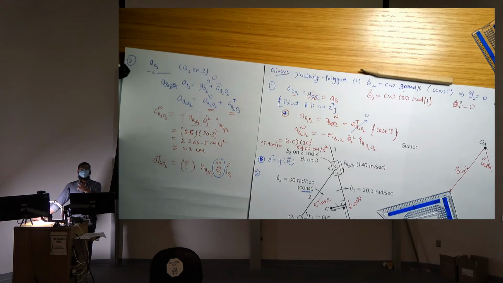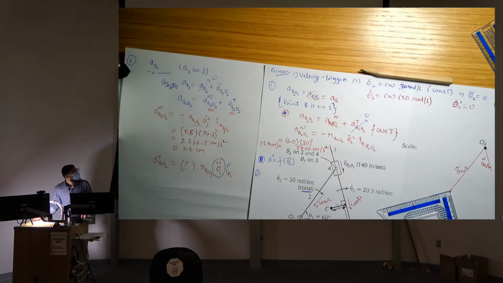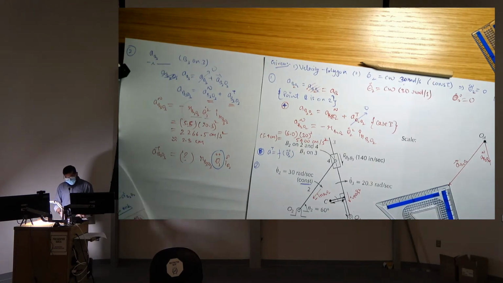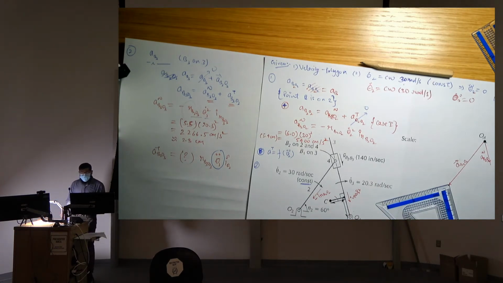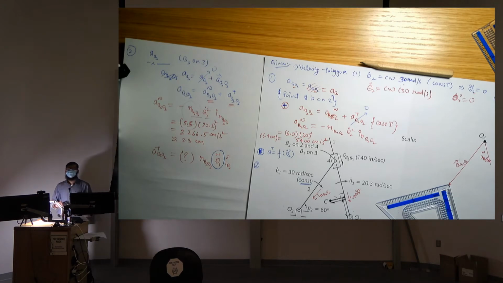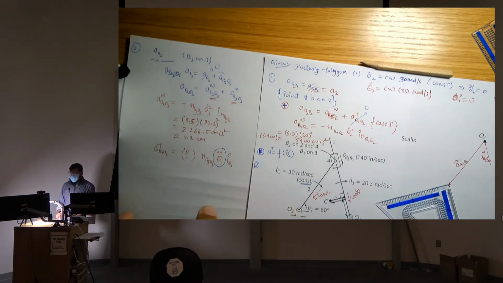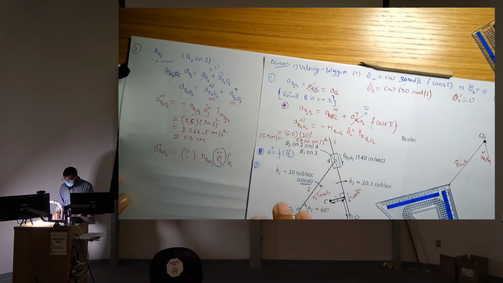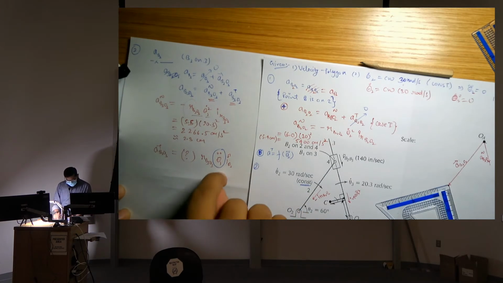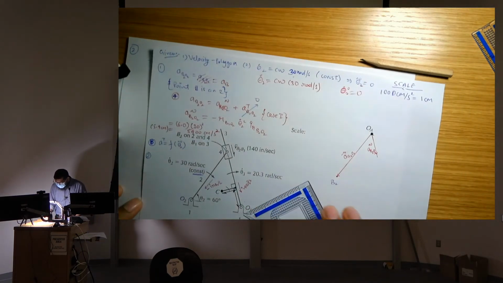So no, this is right, because even if the magnitude is not changing, the direction is changing constantly, and that will give you an acceleration. So we cannot put this as 0, but we have the direction, so we can place the direction of this acceleration on the acceleration polygon. Where would be the direction of this? Just simply perpendicular to.